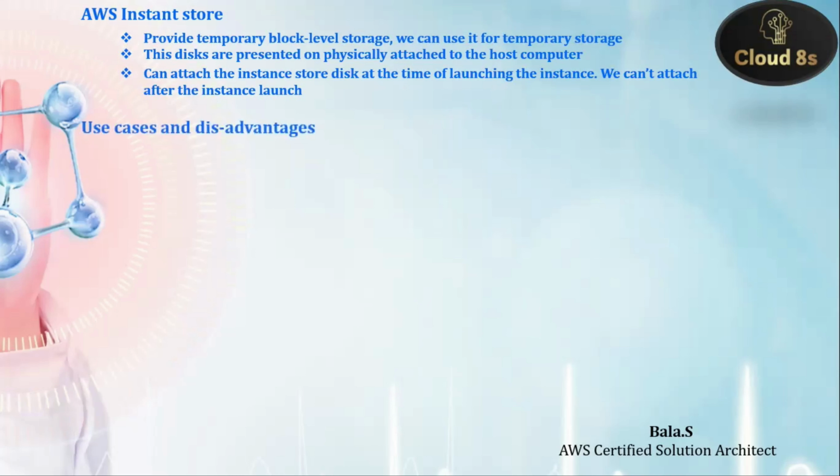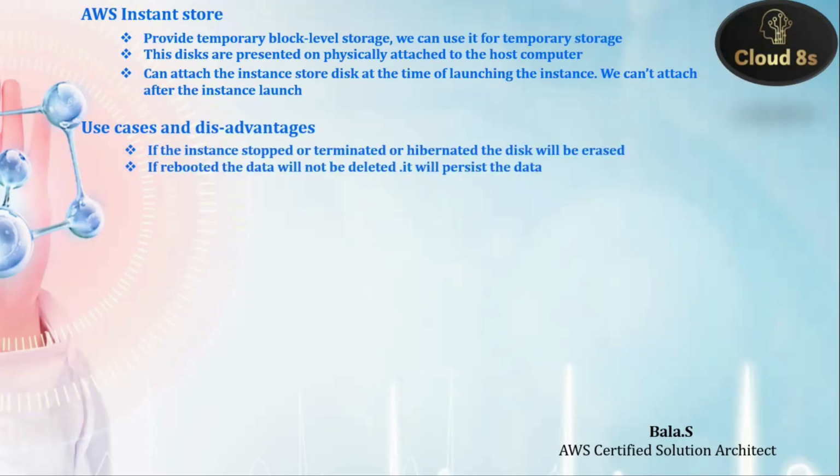There are some use cases and disadvantages for instance store. We will see them one by one. Basically, the disadvantage is this: in case any EC2 instance is running on AWS with an instance store backed volume, and you stop, terminate, or hibernate the EC2 instance, whatever data is available on that instance store will be erased by default.